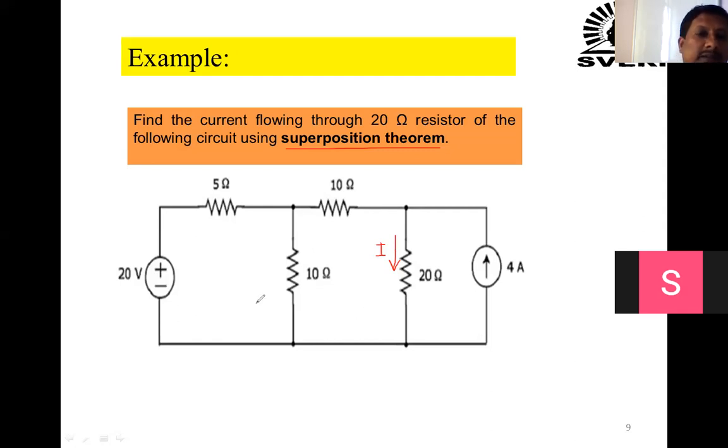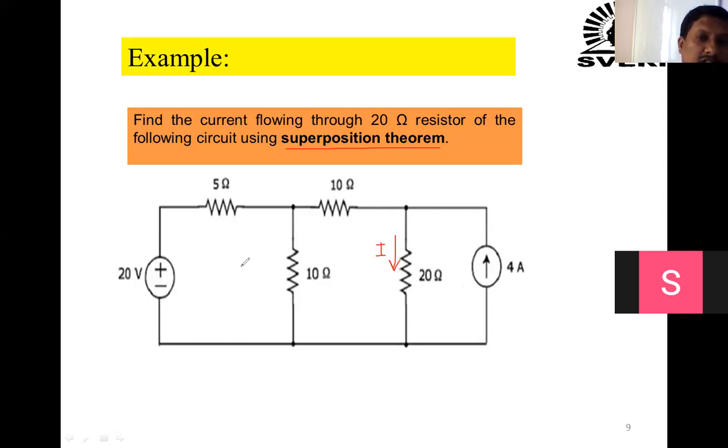So this problem belongs to method 1 because no dependent sources are present here. Dependent means diamond shaped symbol. Only 2 independent sources are present, which means we can apply the superposition theorem here. Okay. So we have to find out this current I, which is passing through this 20 ohm, by using the superposition theorem.